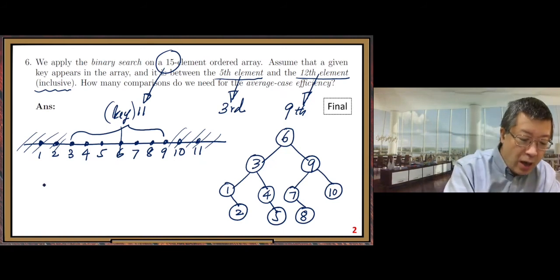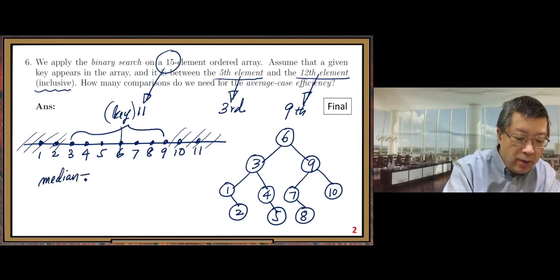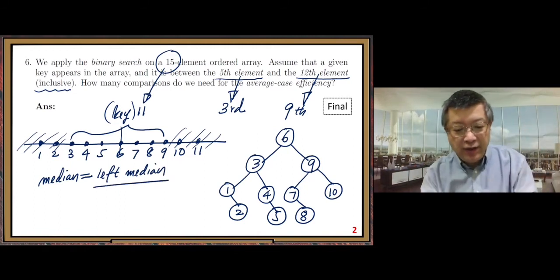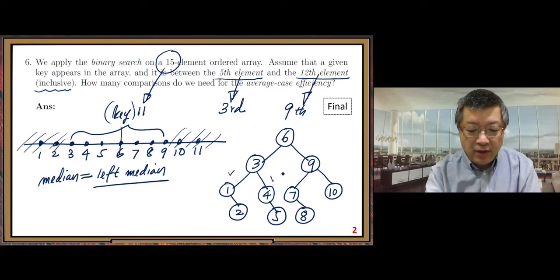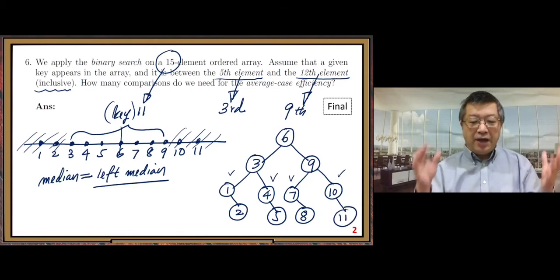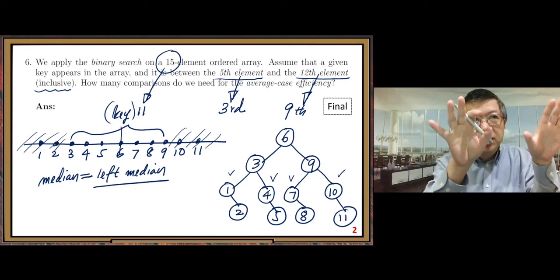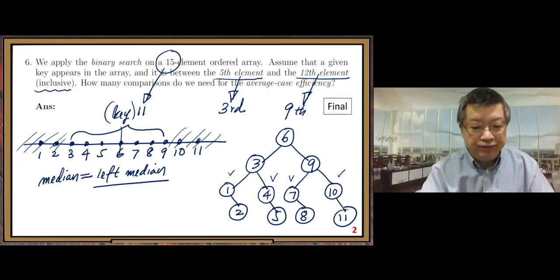Here, when we use the median, we mean left median, not right median. By default, we take the left median, so that's why we use these elements. Okay, 7, 10, and 11 is here. That's the binary tree that corresponds to our binary search.